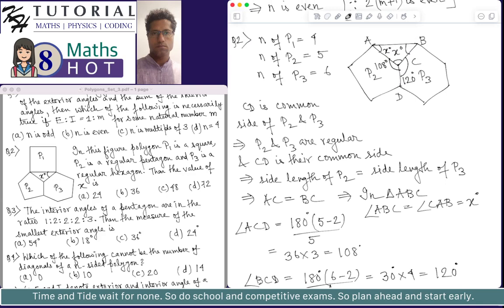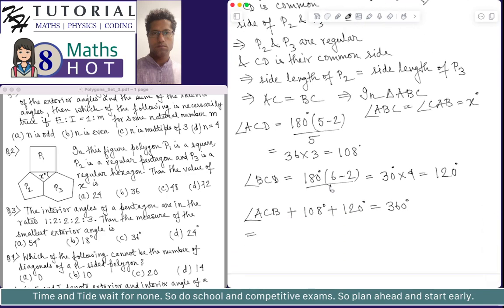If we consider the common point of the sides AC, BC and CD, the point is C. So the angles 108 degree, 120 degree and angle ACB are all angles around the point C, and we know that the sum of all angles around a point is always 360 degree. So we have this.